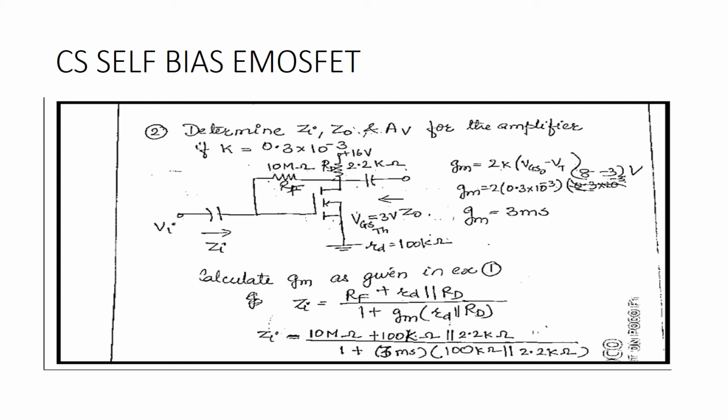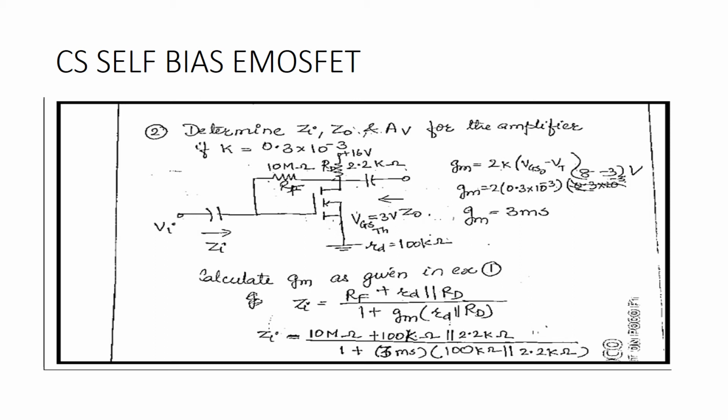A common source, self-bias MOSFET. First, doing the analysis, both AC and DC, you have to identify the type of biasing network. So it is a self-bias network. Knowing the type of biasing, find out the DC analysis, that includes the input voltage VG, then the output voltage VD, and so on.